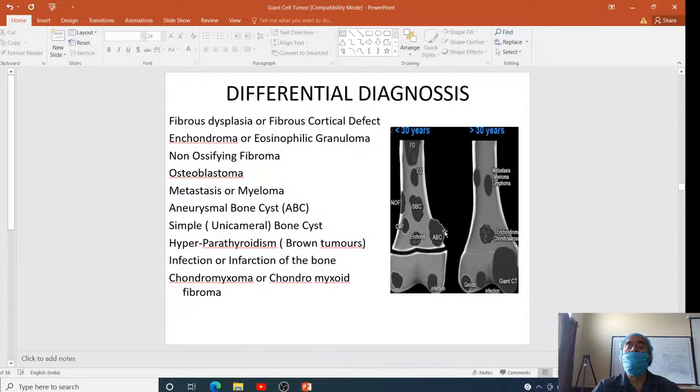This is also an eccentric osteolytic lesion. This is enchondroma in the middle of the bone. Okay. And this is chondromyxoid fibroma. And this is the metastasis. Metastasis is very, very painful. So you should never miss a metastasis. So these are some of the differential diagnoses of GCT.